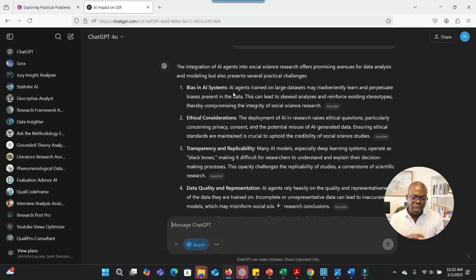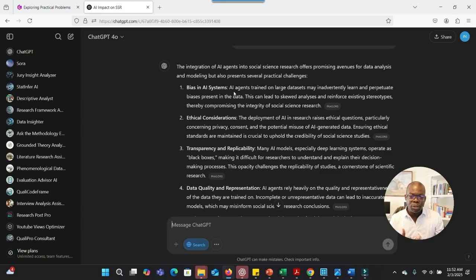It may impact how it performs when you ask it to do a specific job for you. So bias is one of the problems, right? I think you also have to think about it this way: just like a researcher in qualitative research, we have our own biases, right?